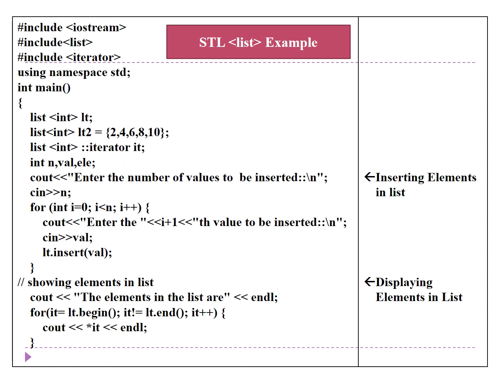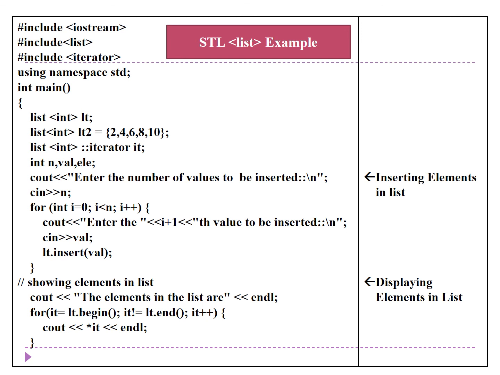Apart from inserting values during creation of the list, we can also insert values one after another like we did in the vector. The insert function inserts values in the list. That is, it inserts a value at the rear end of the list.